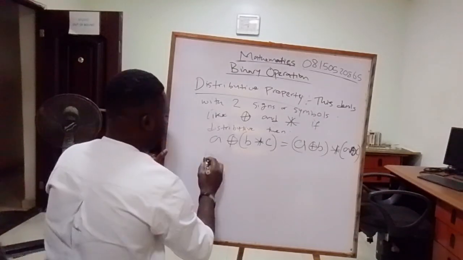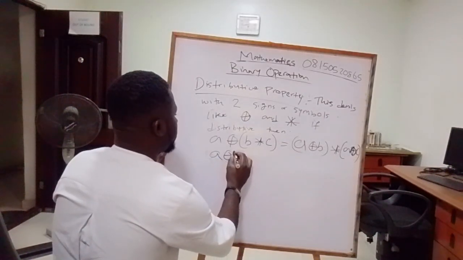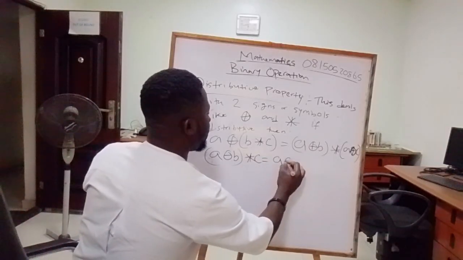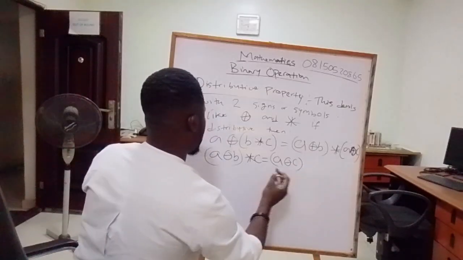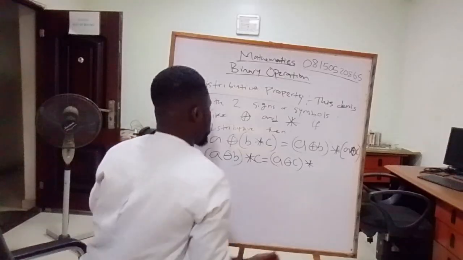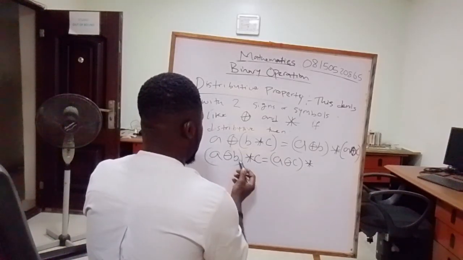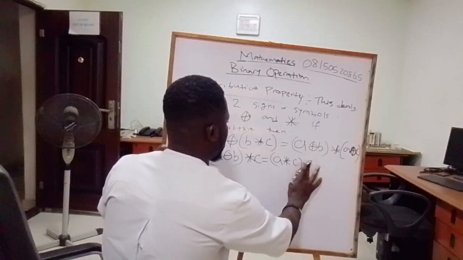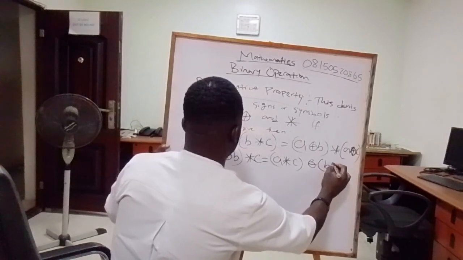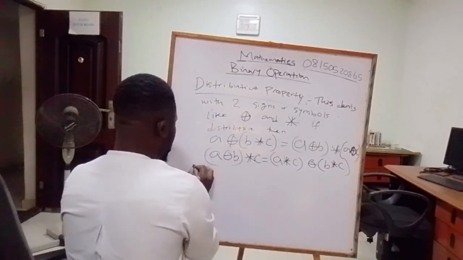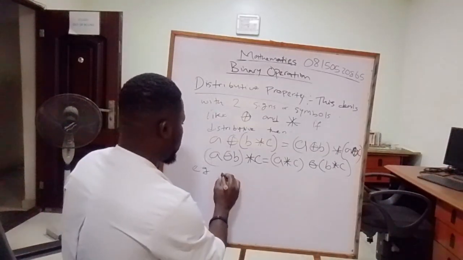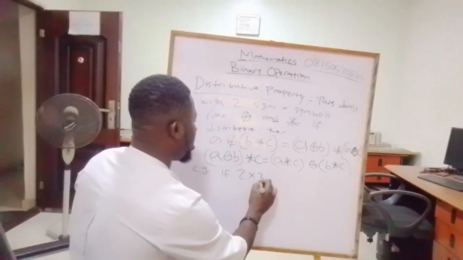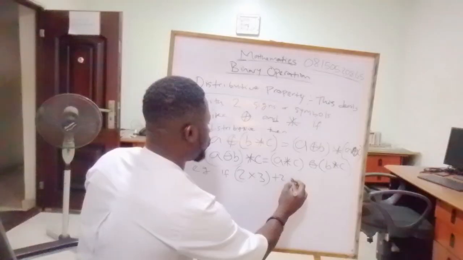And vice versa. If you have A operation B operation C, it must be equal to A operation C operation B operation C. So e.g., 2 times 3 plus 2 distributive.